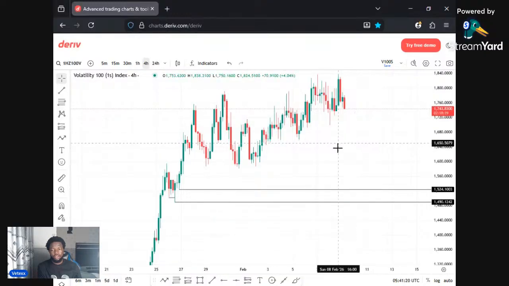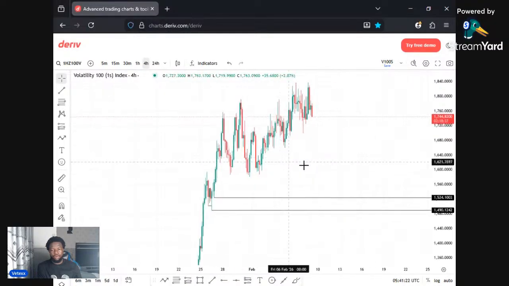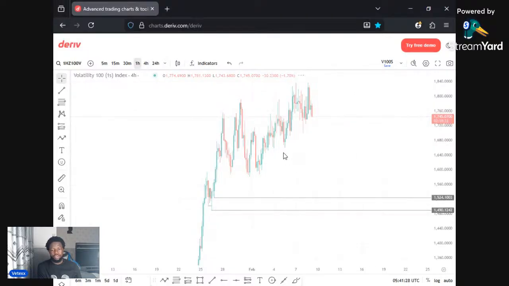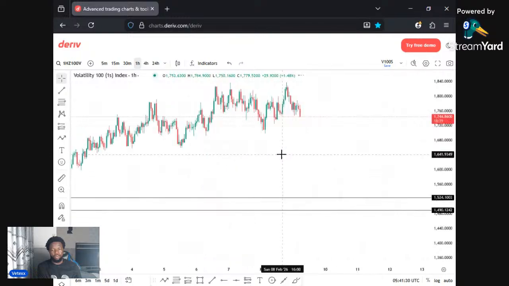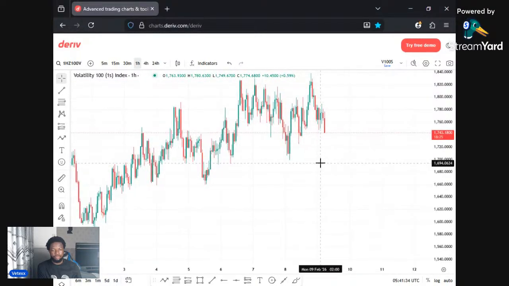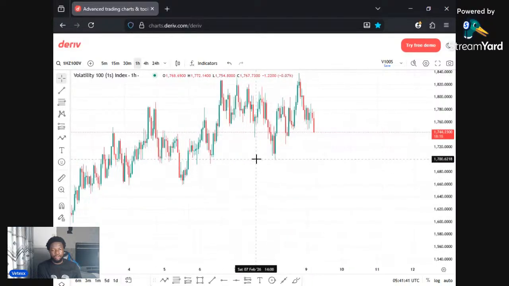We are still anticipating this. Price will still come back to this point of interest. Let's check the 1-hour time frame if there's any recent point of interest you can work with. So there's no recent point of interest you can work with at the moment.